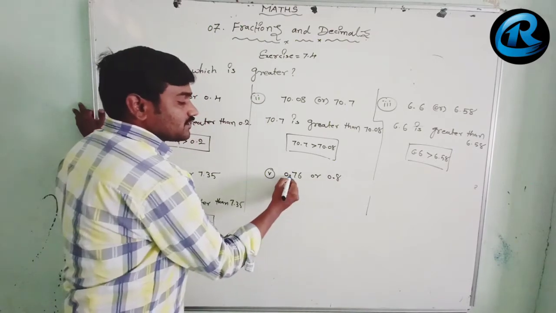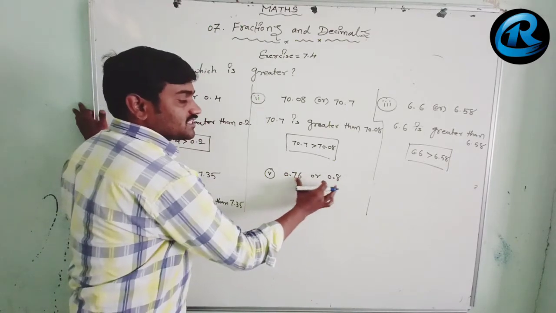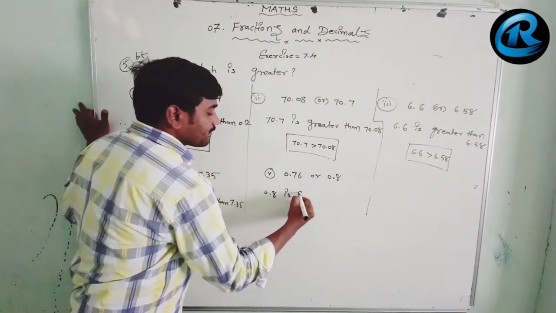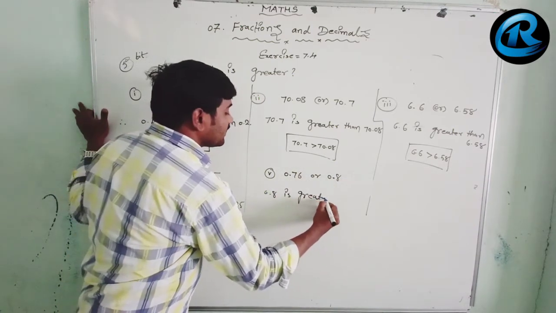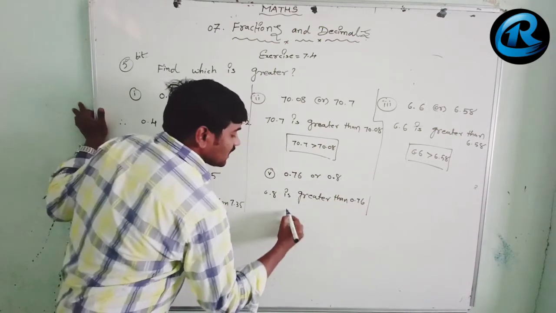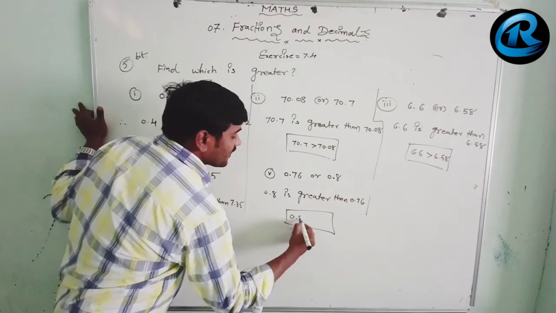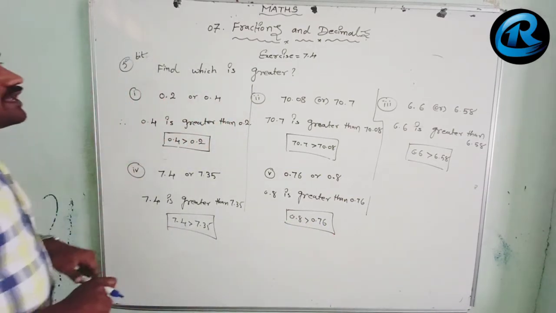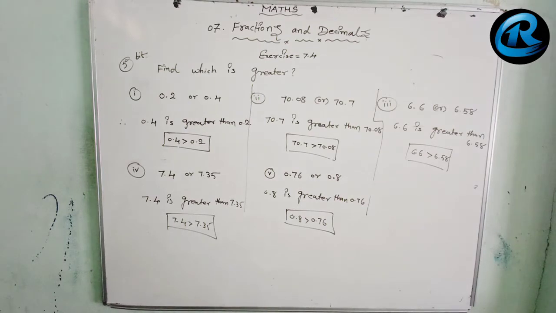Compare like this now. 0 and 0, integer parts are the same. Here 7, here 8. So 8 is greater, no? 0.8 is greater than 0.76. We can write now, therefore 0.8 is greater than 0.76.